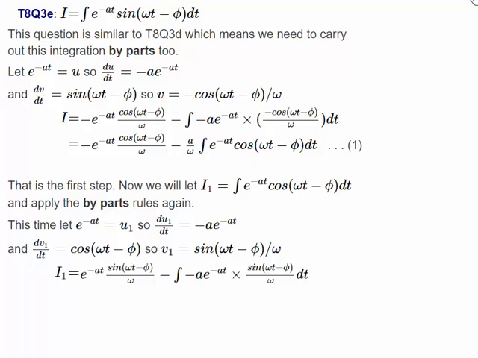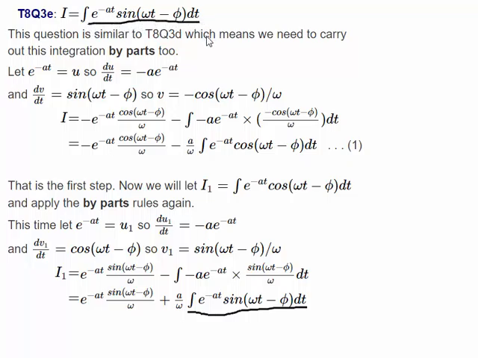So that means I1 is now equal to the expression here. We've got a minus here and a minus here, which means that this term is going to be positive. We've got an a here and an omega here, so we can write that the integral is equal to e to the minus at sine omega t minus phi over omega plus a over omega times the integral of e to the minus at sine omega t minus phi dt. Notice that this part of the integral is the same as where we started, so we can replace that with I, and that's our equation 2.